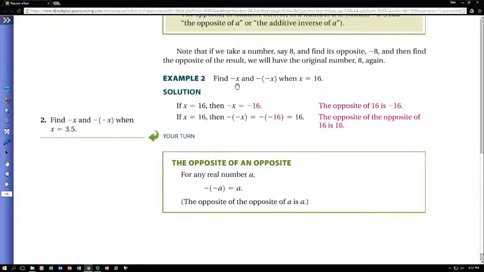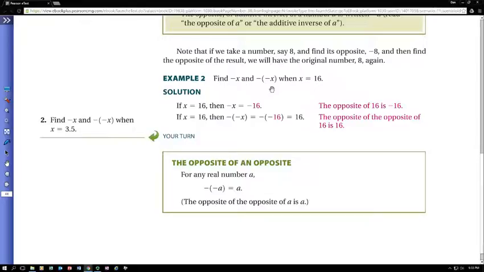That's three different ways to say it, or a fourth would be negative 1 times whatever x is. Here I have the opposite of the opposite of x, or the additive inverse of the additive inverse of x, or negative 1 times negative 1 times x would be another way to say this.